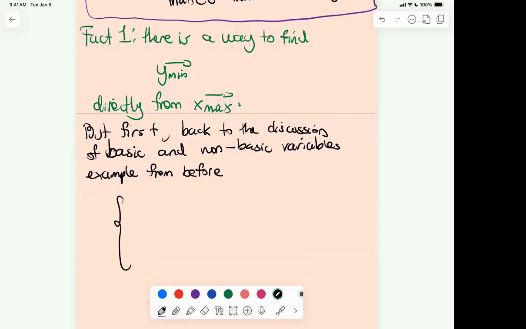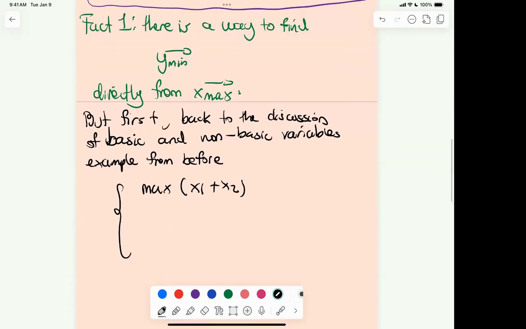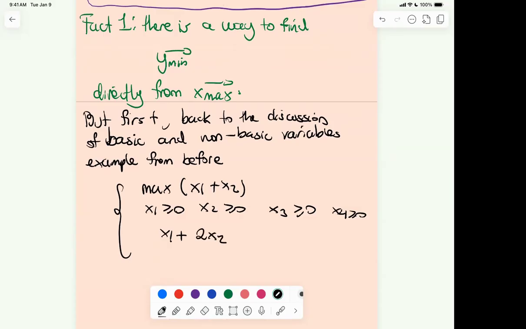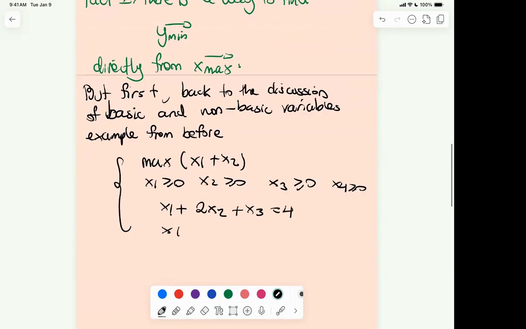So we were trying to find the max of x1 plus x2. This was maybe 5 or 6 weeks ago, I don't remember. The conditions were that x1 was greater or equal to 0, x2 greater or equal to 0, x3 greater or equal to 0, x4 greater or equal to 0, and the constraints were x1 plus 2x2 plus x3 equals 4, and x1 plus x2 minus x4 equals 1.